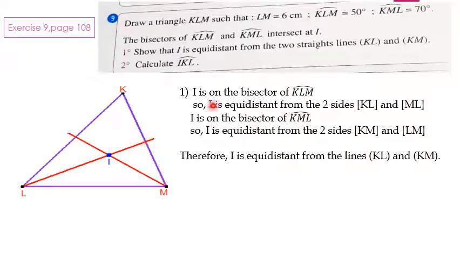We can say that I is on the bisector of KLM, so I is equidistant from KL and KM, and I is on the bisector of KML, so it's equidistant from KM and LM.